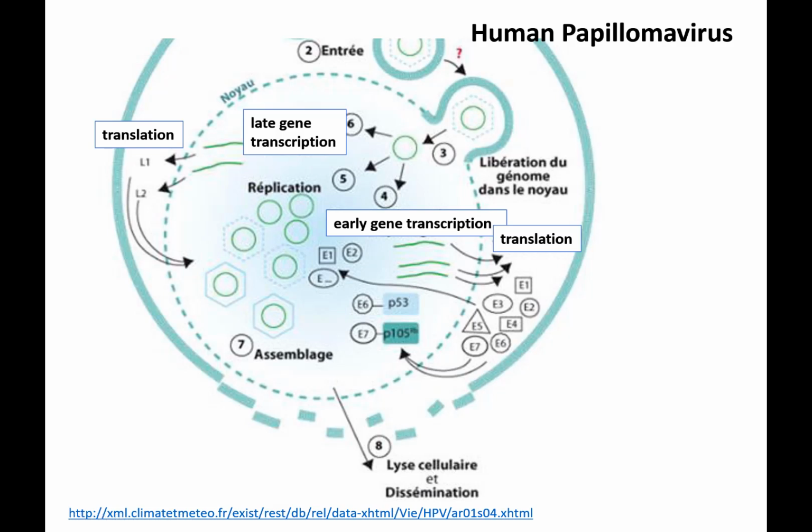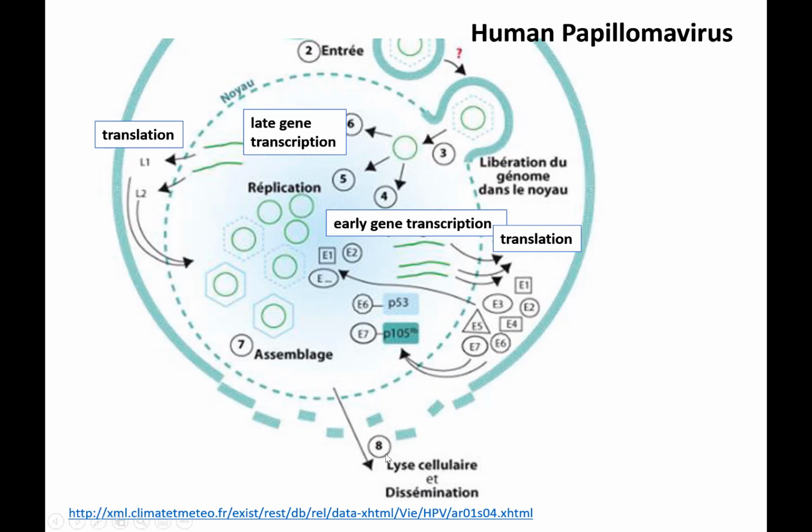Being a double-stranded DNA virus and encoding very few proteins, it is dependent for replication on the cell's replication machinery. So human papillomavirus has to infect actively replicating or dividing cells in order to get its DNA replicated as well.